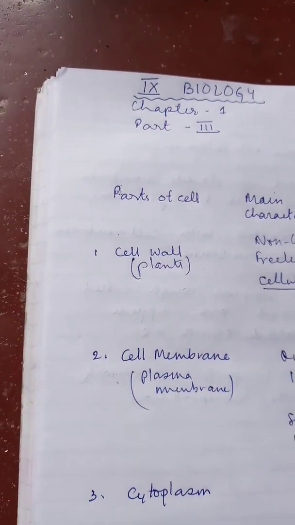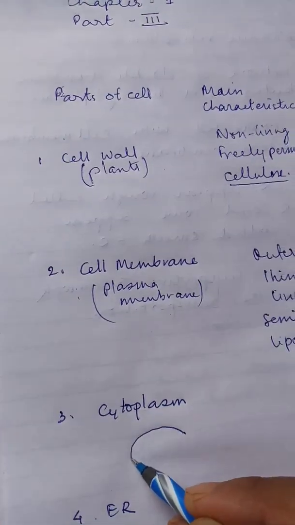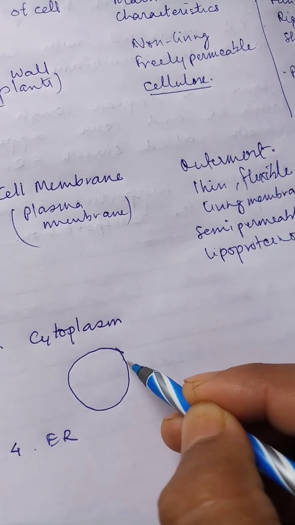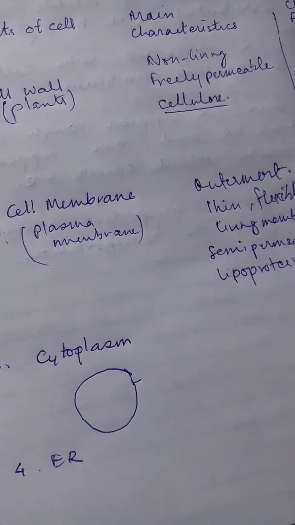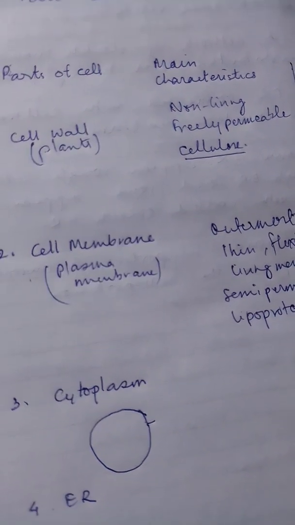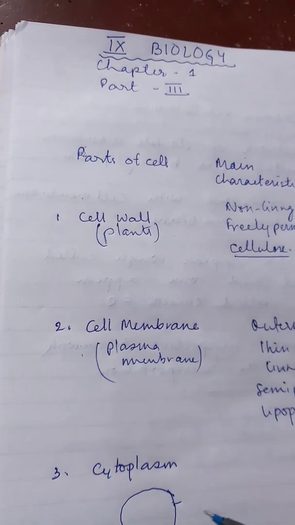Now third, cytoplasm. So this is the cytoplasm. If this is the cell membrane, the part inside the cell membrane is called cytoplasm. All the parts together inside the plasma membrane, excluding the nucleus.